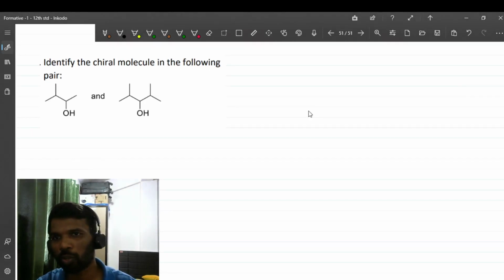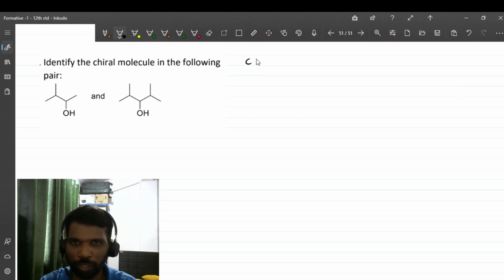Identify the chiral molecule in the following. What is the meaning of chiral? I have discussed it briefly in the previous question. Chiral molecule means optically active.